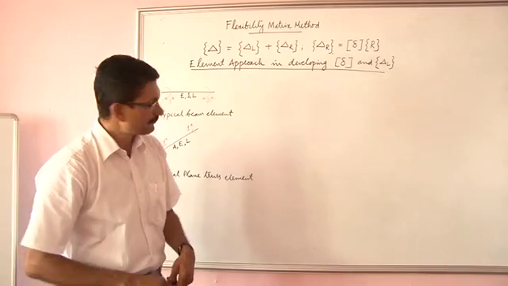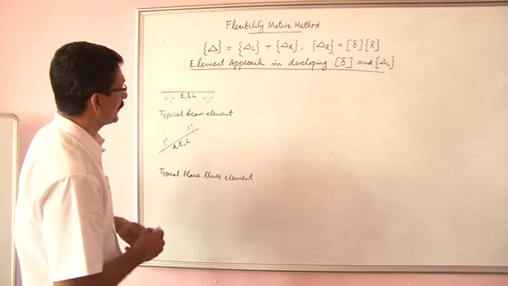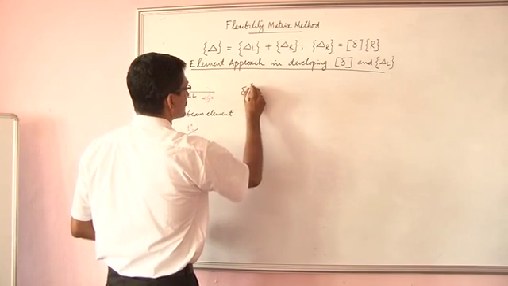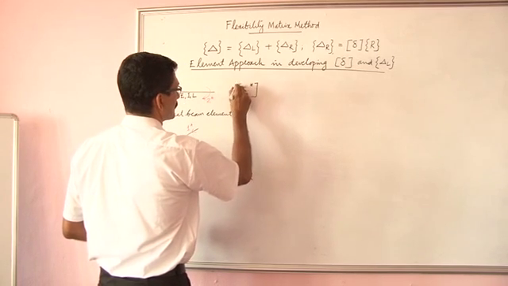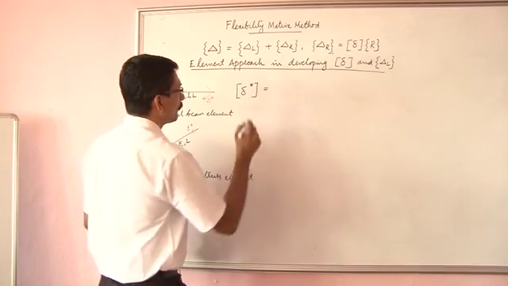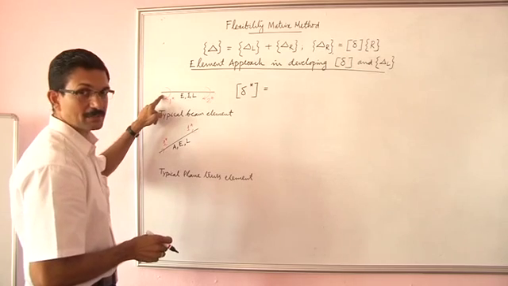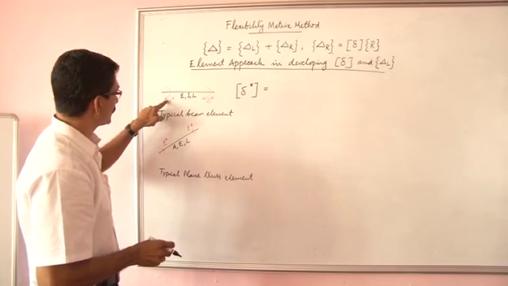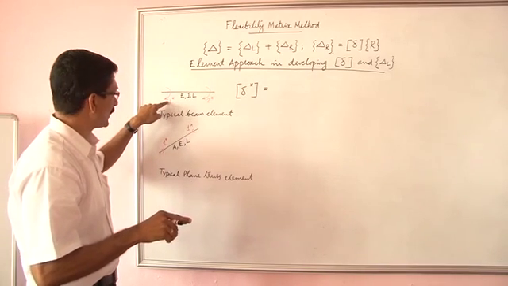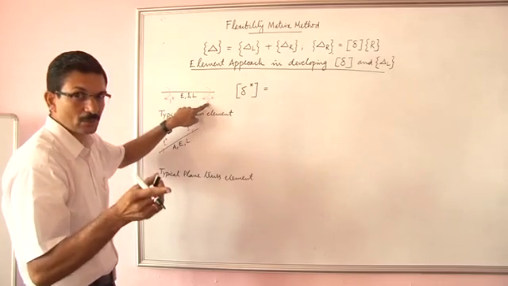Now, the flexibility matrix for this typical beam element can be written as delta star, star for the element, is equal to: delta 1 would be the rotation at this end when R1 star is equal to unity, and R2 star is equal to 0.